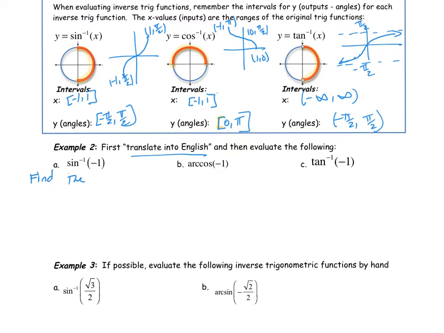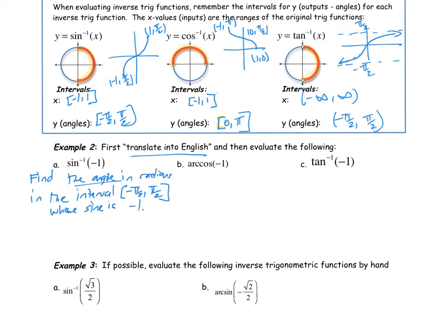It's only going to be one value. The angle in radians in the interval. It's a specific interval, and you have to say it in this interval. In the interval from -π/2 to π/2, whose sine is -1.